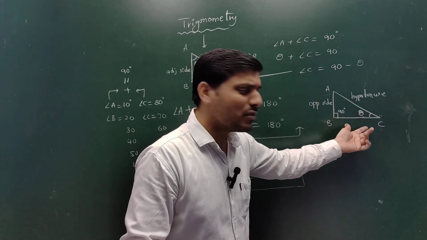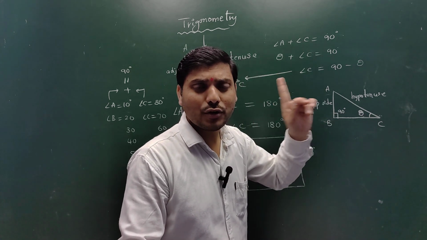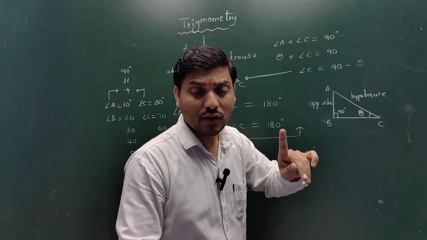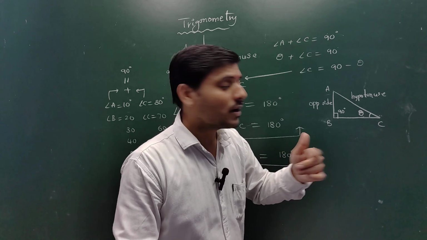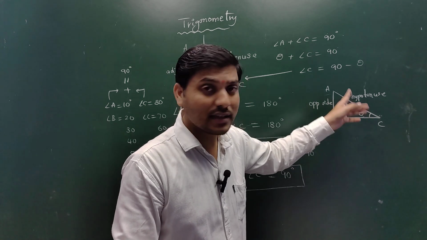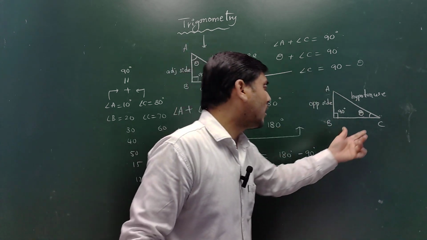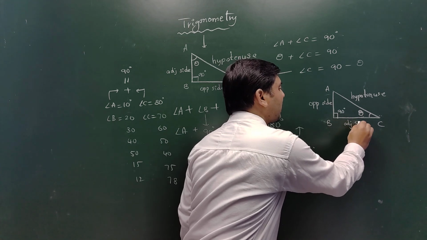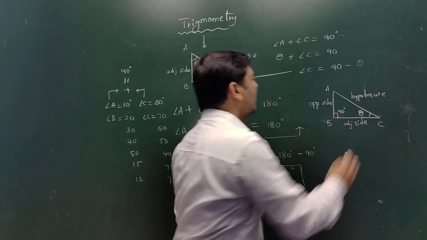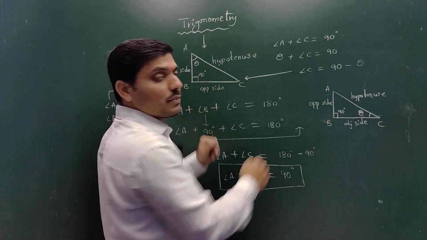Why are we not taking BC as the hypotenuse? The hypotenuse is always dependent on the right angle. The side opposite the 90 degree angle is called the hypotenuse. So now BC is called the adjacent side. It's clear, students? Now what is the variation between these two concepts?